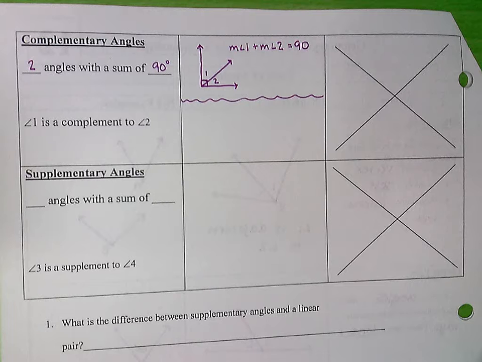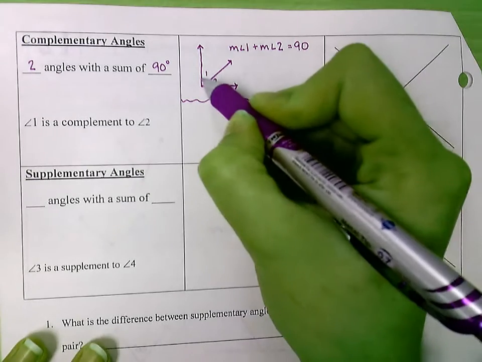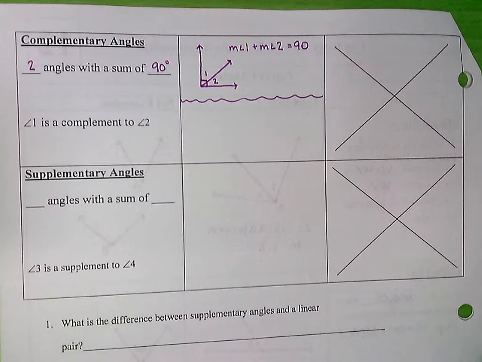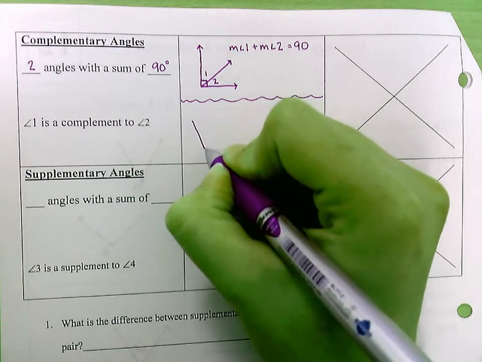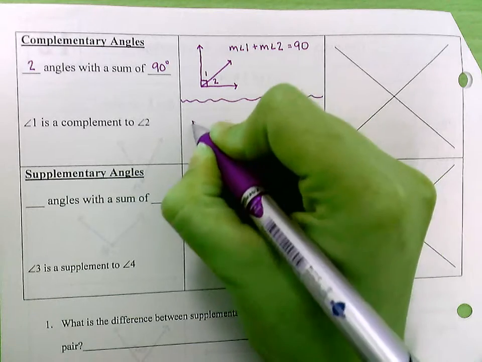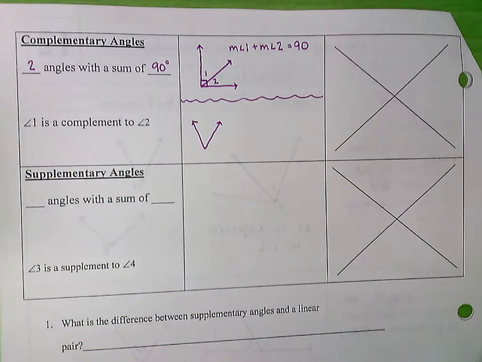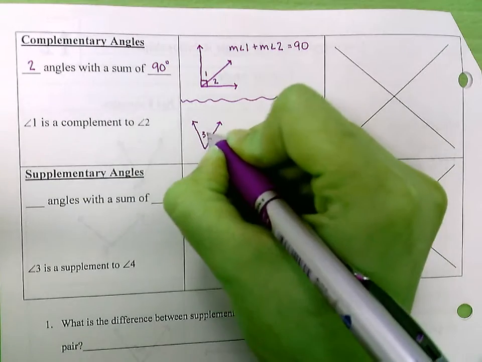So they add to 90 degrees, and you can see that by that box in the corner of that original first angle we drew in. Now the second type is if I just had an angle here. I'm going to label that angle as 30 degrees.